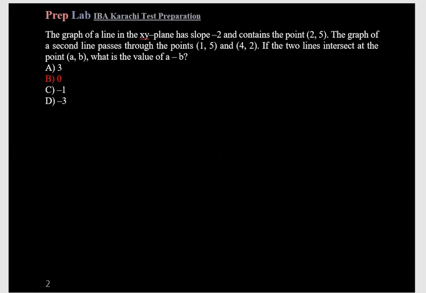Okay, so basically there are two lines, so we will solve it one by one. This is the line 1 calculation, and this is the line 2 calculation. Line 1 has a slope of -2 and the point (2, 5).